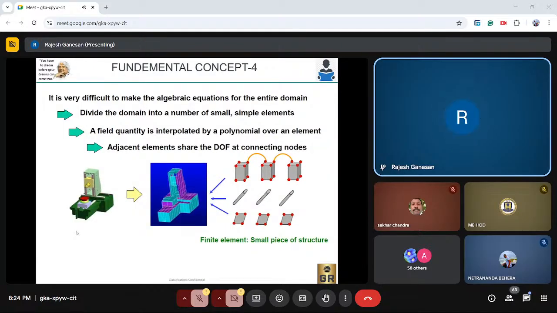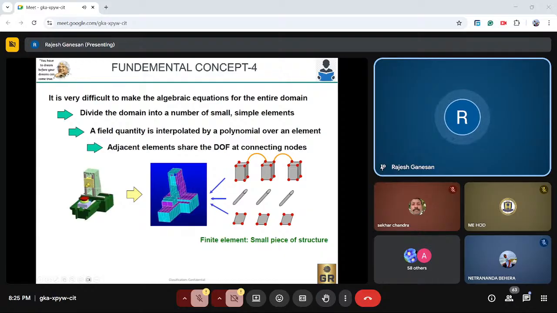So the finite element analysis splits the items into each small component, like a square box. You can see in the second picture there is a square box for each and every case. The field quantity is interpolated by a polynomial over an element.